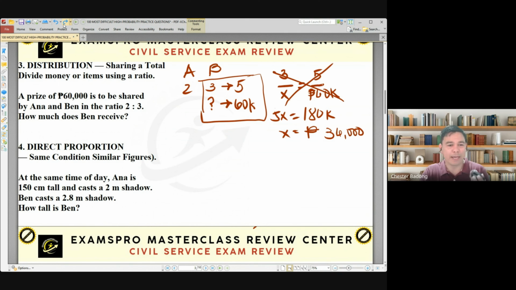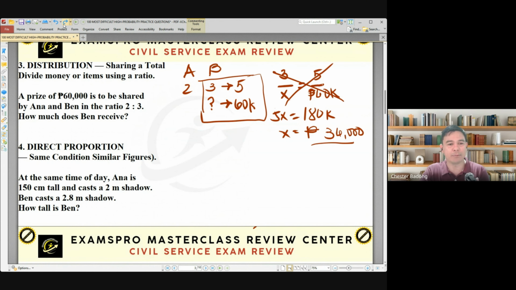Next problem. At the same time of the day, Anna is 150 centimeters tall and casts a shadow of 2 meters. Ben casts a 2.8 meter shadow. How tall is Ben? So, si Anna at Ben, nakatayo sila, meron silang shadow. Given yung shadow at height ni Anna, pati yung shadow ni Ben, ang tanong, ano yung height ni Ben? Kaya po siya sa ratio and proportion.